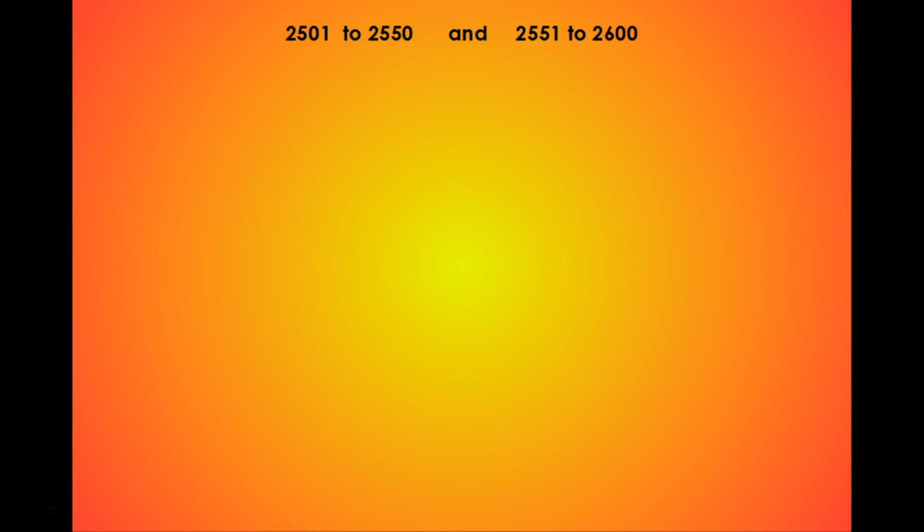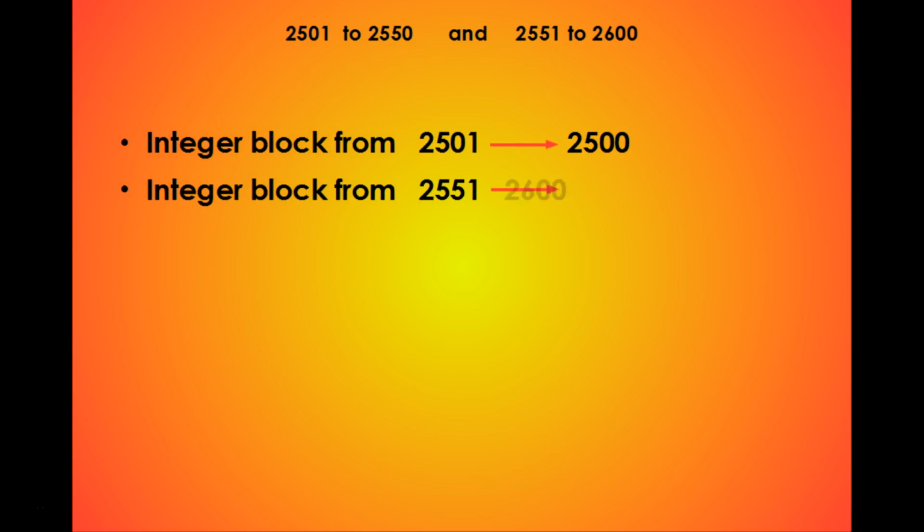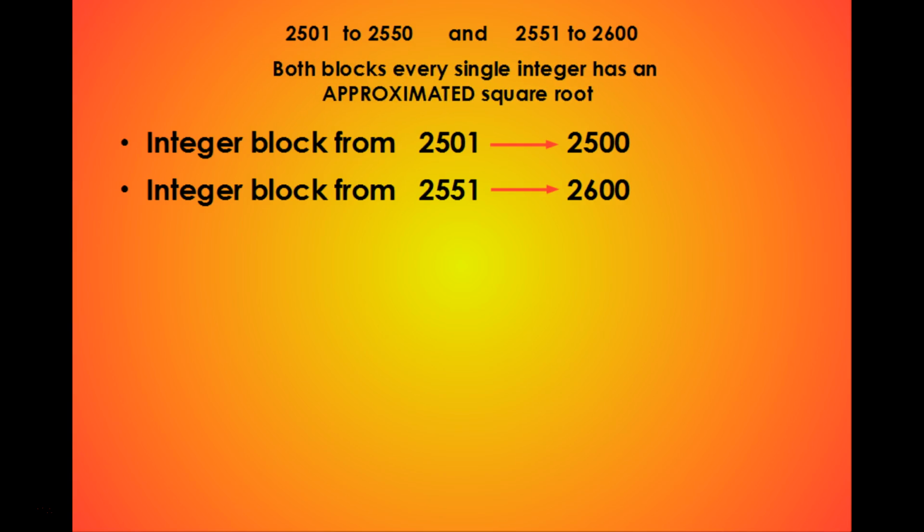Now, looking at the integers from 2541 to 2550, and from 251 to 260, we'll find that these are 2 blocks next to each other, and in both blocks, every single integer has an approximated square root.